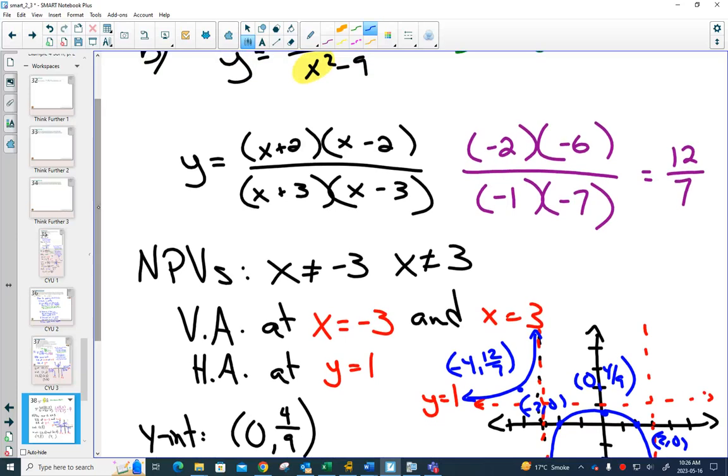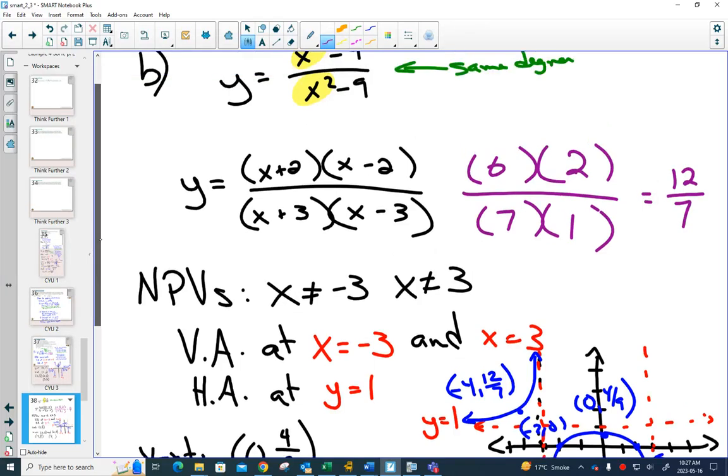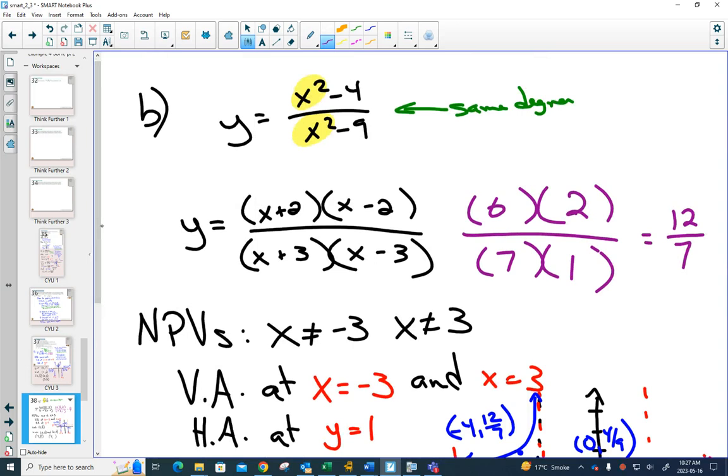If you plugged in +4, take out my eraser here. If I plug in +4, I'm going to get 6 and 2, 7 and 1. It's also 12 sevenths. And maybe you could have recognized that if you looked at the original equation.